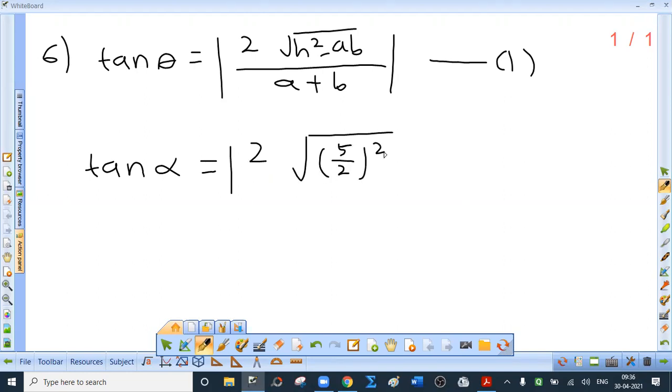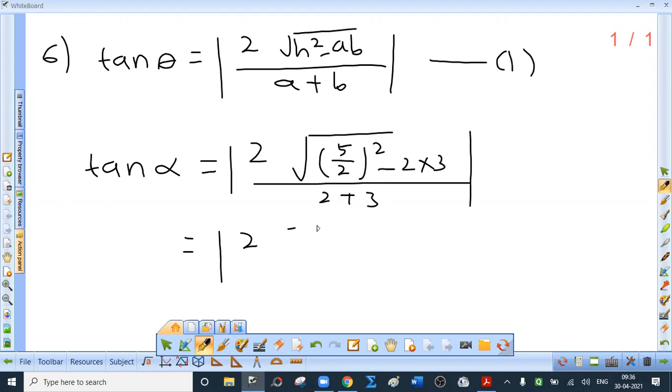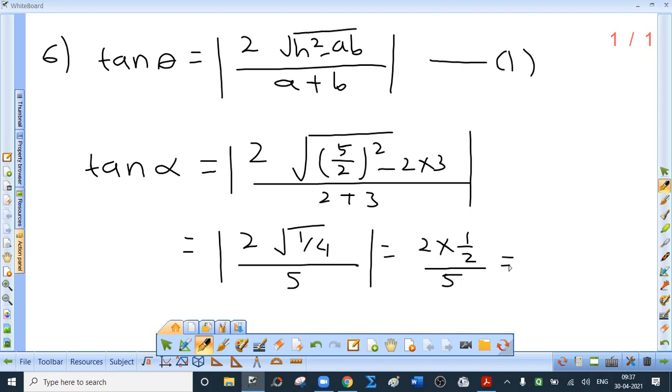You could have directly written 25 by 4 minus 2 into 3 upon 2 plus 3. Simplify this. So this is 2. I'm writing this directly. 25 by 4 minus 6 is 1 by 4. So I'm directly writing 1 by 4. So this is 2 into half upon 5. That is 1 upon 5.